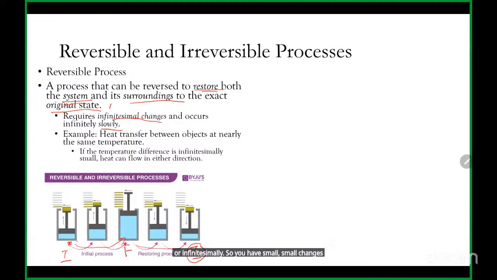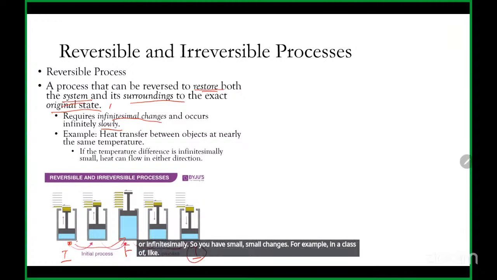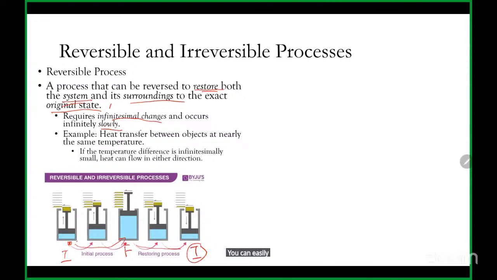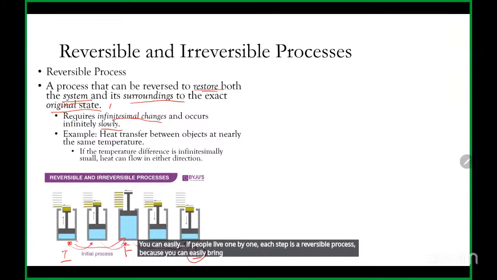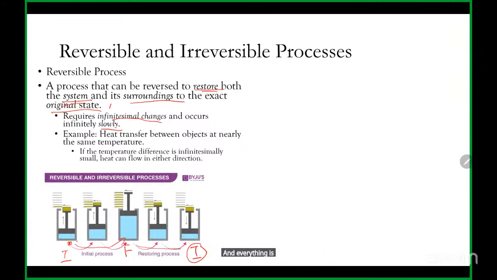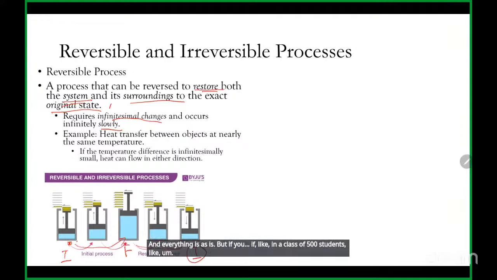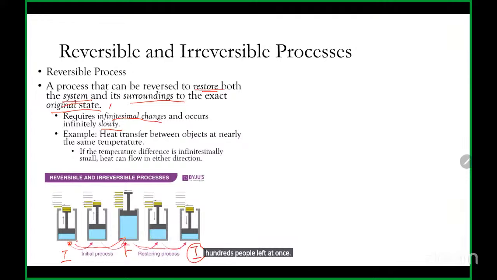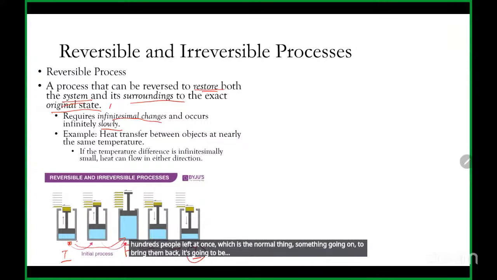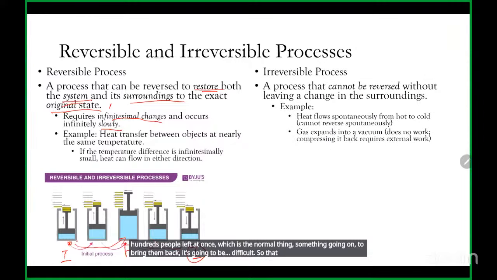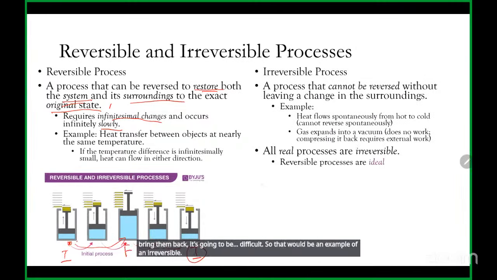For example, in a class of like 500 people, if people leave one by one, each step is a reversible process because you can easily bring one person back and everything is as is. But if 100 people left at once, to bring them back is going to be difficult. So that would be an example of an irreversible process.